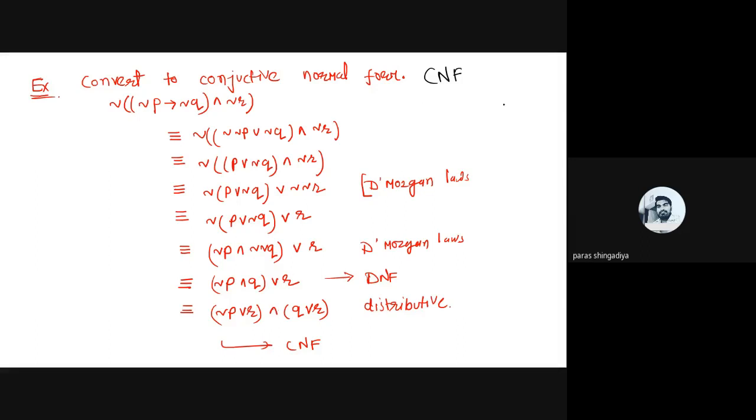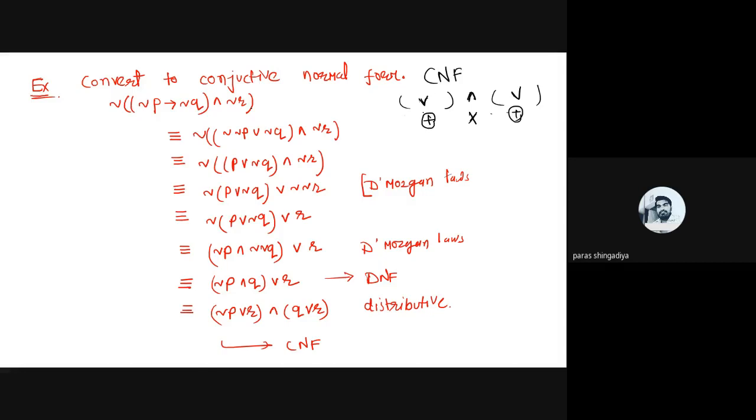Product of elementary sums means inside each bracket there will be the or operator, that is the sum, and after that we will combine the brackets by using the and operator. That is the product of elementary sums. This is the product of both brackets, and both brackets include the or operator, meaning it is a sum, so it is a product of elementary sums. That is called CNF.